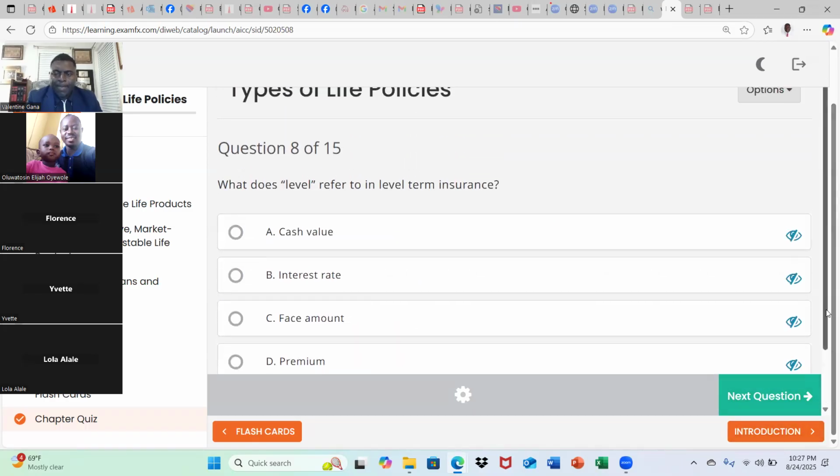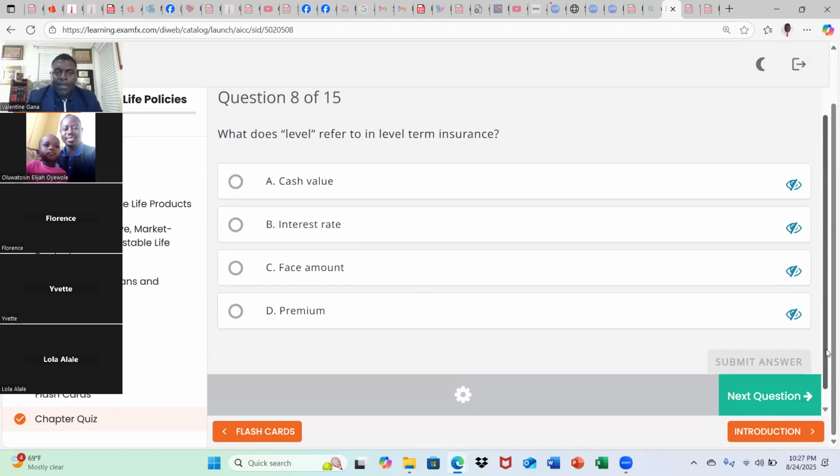Next. What does level refer to in level term insurance? A, cash value. B, interest rate. C, face amount. D, premium. There are two here that we eliminate, and then we can tussle between what is left.